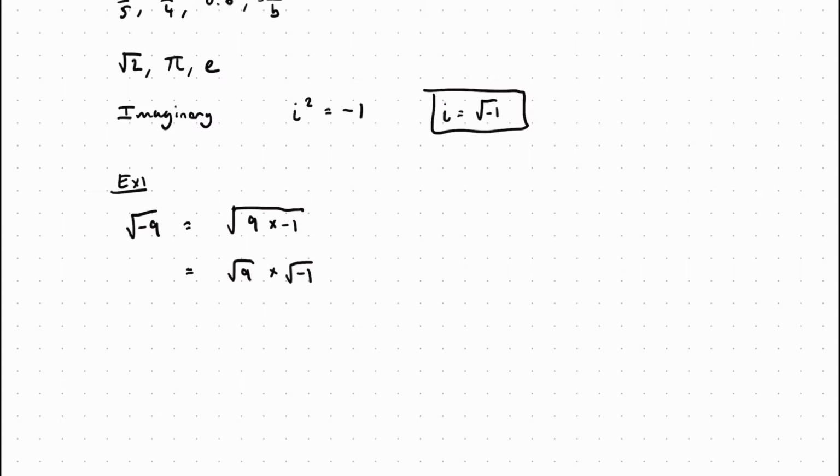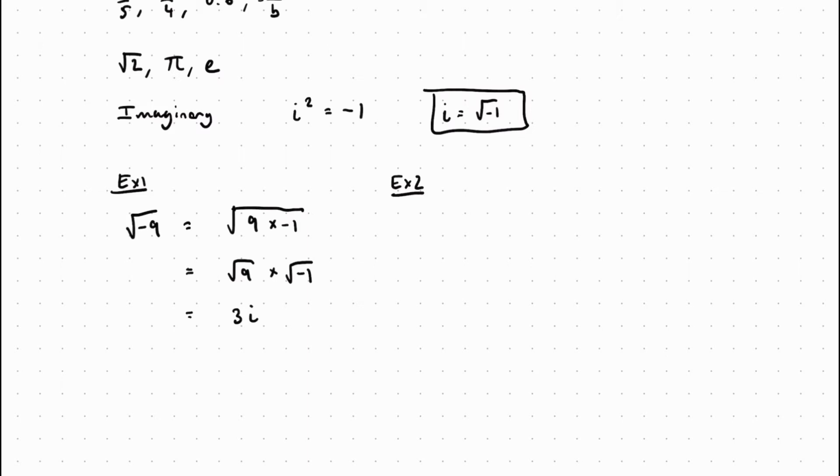I don't think we've covered it in P1, 2, or 3, but surds have the ability to split a root of a value down into multiple parts so that you can simplify. So root -9 can be split into √9 times root -1, which is just 3i, because √9 is 3 and root -1 is i.